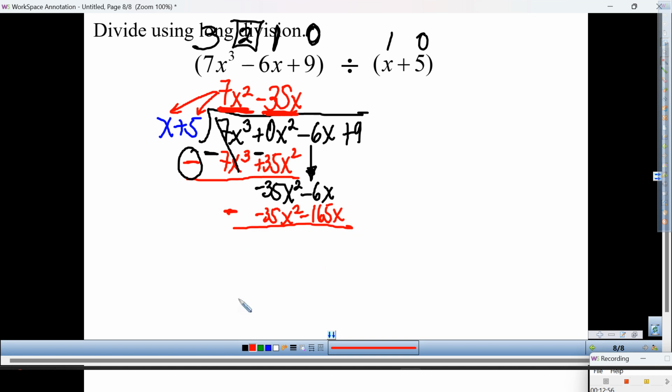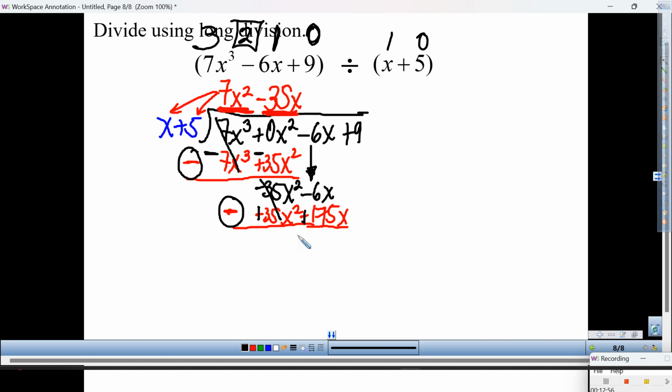Subtract. Now this is where some of you, 175? Oh yeah, I did that on purpose to see if you were paying attention. 175x. All right. And once again, this is where some of you made a mistake last night. You circle this, distribute, which means you change this one to a positive and this one to a positive when you distribute.